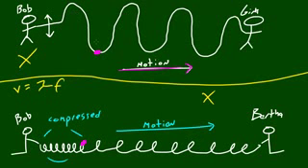Even though it looks like the waves are actually going from Bob to Gina or Bob to Bertha, the matter does not get transferred. No matter whatsoever gets transferred from Bob to Gina. It's only the energy from person A, Bob, to Gina, person B. So I like to point that out because this is actually true for all types of waves, that waves do not transfer matter, they just transfer energy from the source, which is, in this case, Bob.